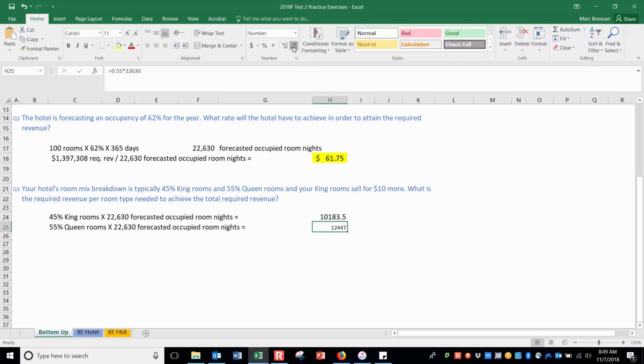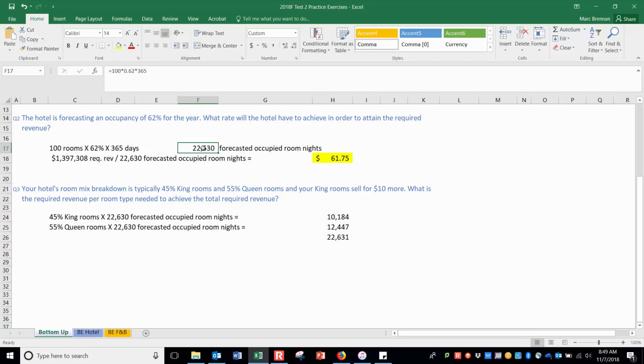Now you'll notice, when we round up, which we should, okay, if we add these two together, 10,184 plus 12,447, we should be getting the same number as 22,630.